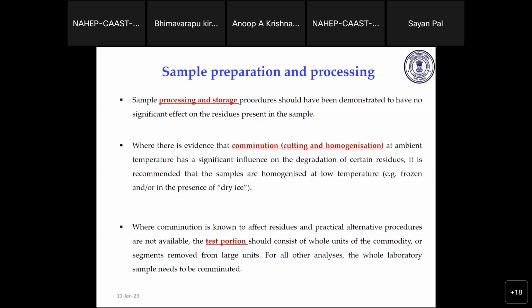Now, once samples are processed, in many laboratories they feel that once you homogenize the sample, heat generation can occur, where some residues can degrade. To avoid that, they use dry ice for homogenization.